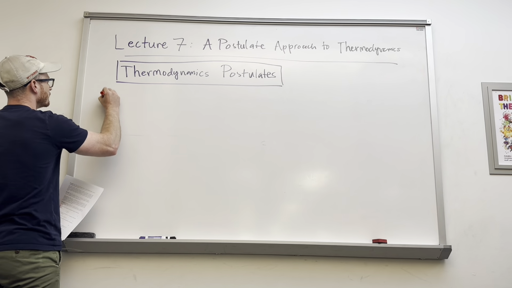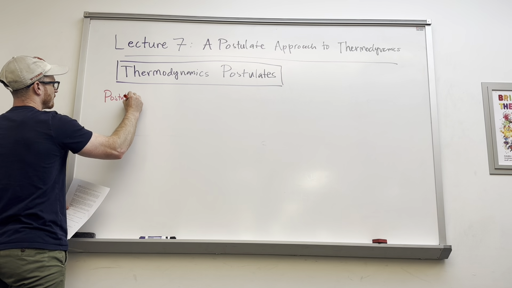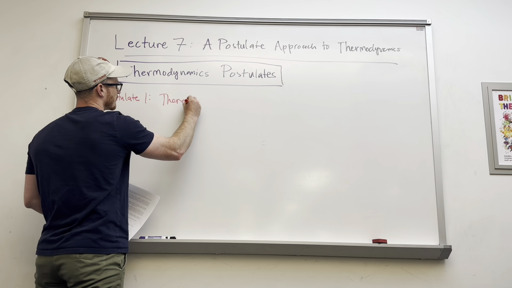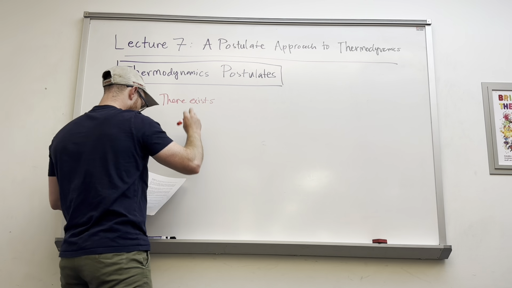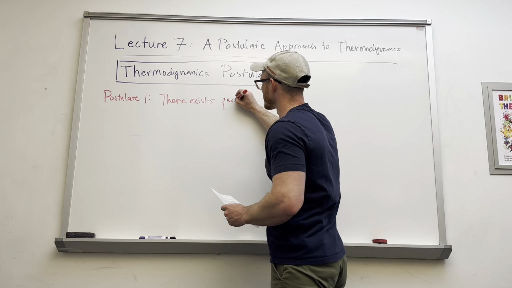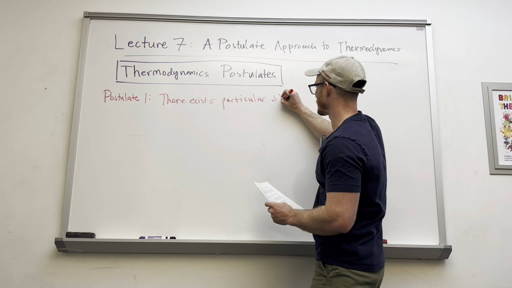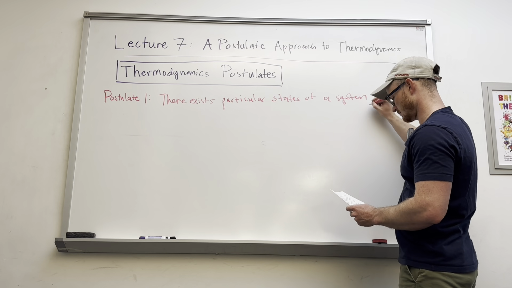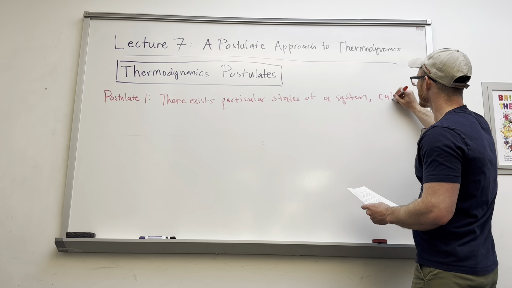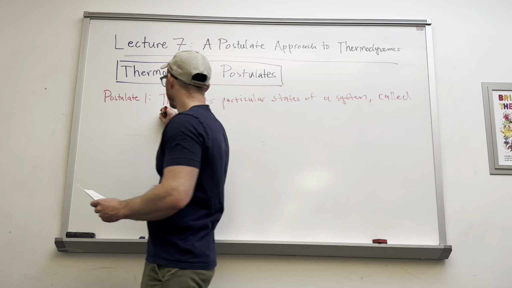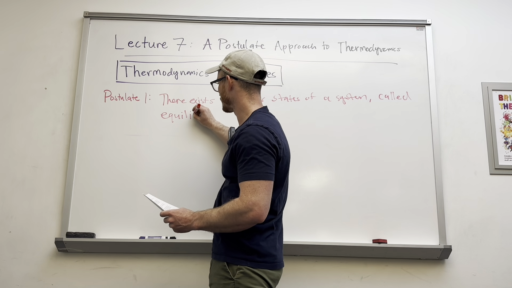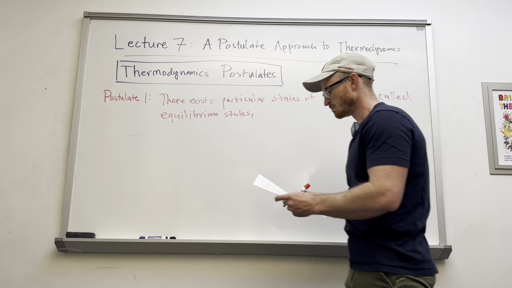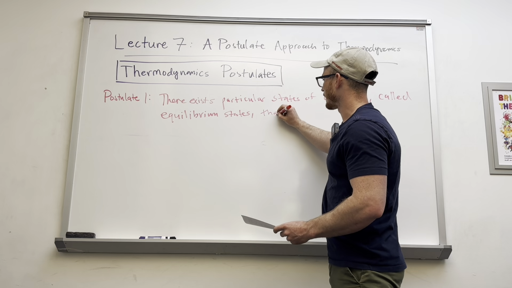So postulate 1: there exist particular states of a system, called equilibrium states, that are completely characterized.